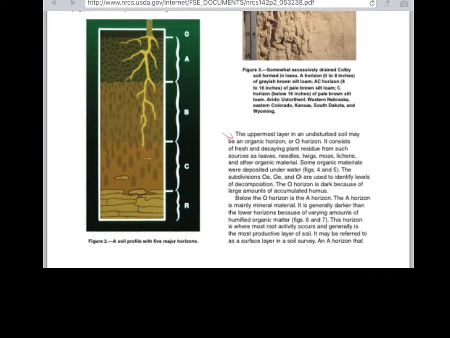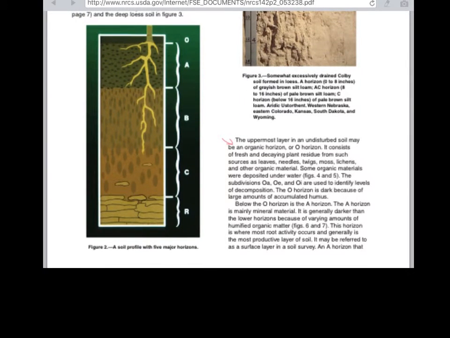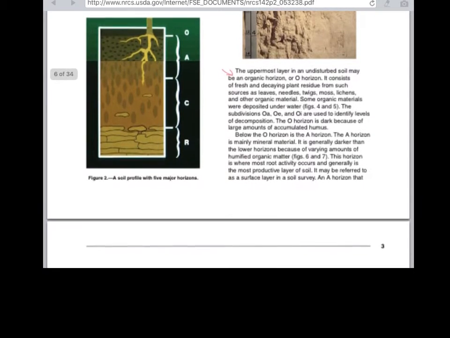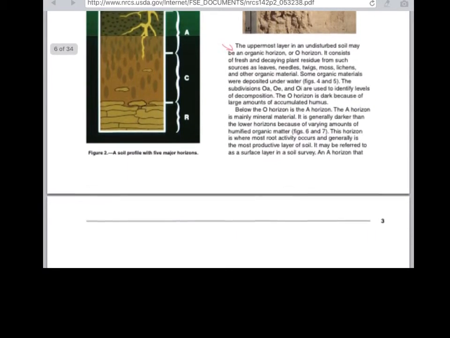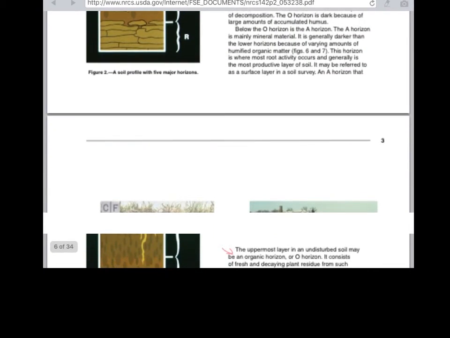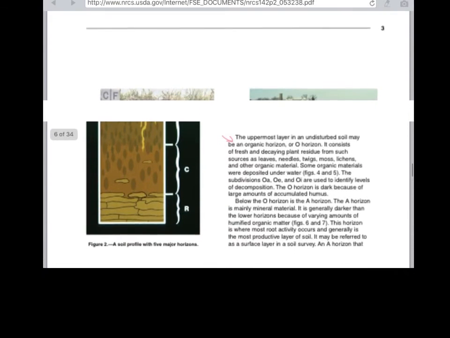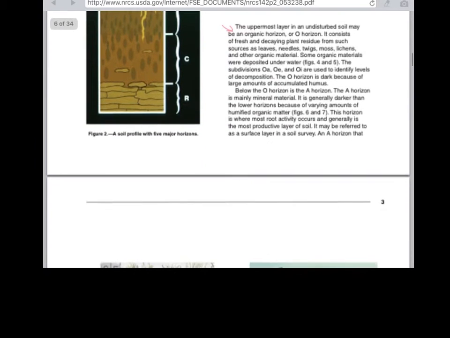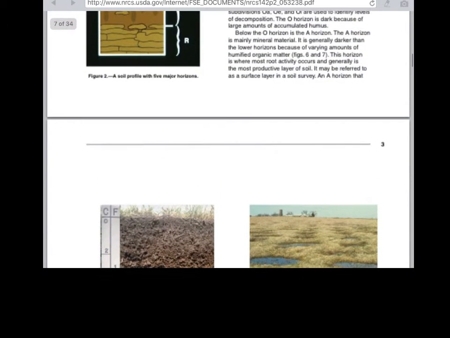Root activity, this horizon is where most root activity is and generally is the most productive layer of soil. So you can kind of see how they've broken these different horizons up.